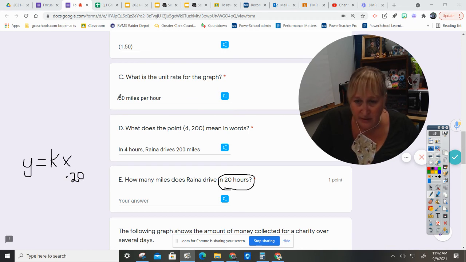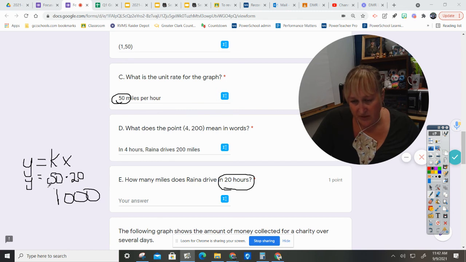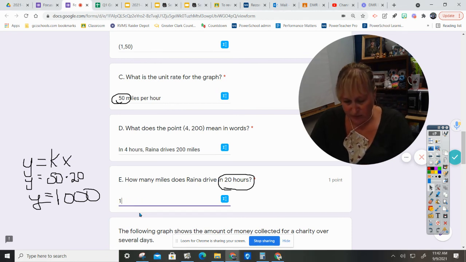And we know that K was 50 because it's our unit rate. So y equals 50 times 20, which is 1,000. So Raina drives 1,000 miles in 20 hours. I answered that with 1,000 miles.